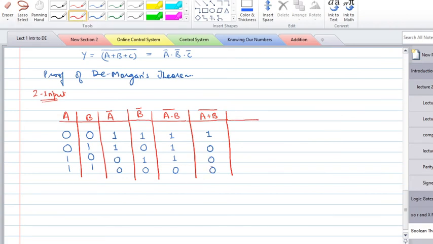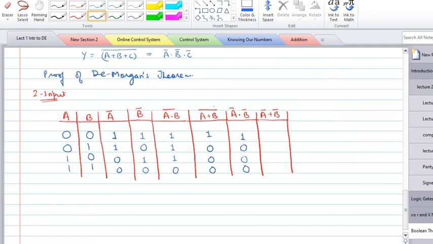And if we write A bar dot B bar, the values will be 1, 0, 0, 0.